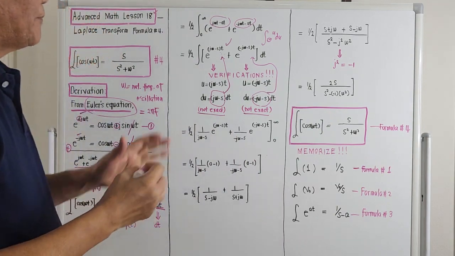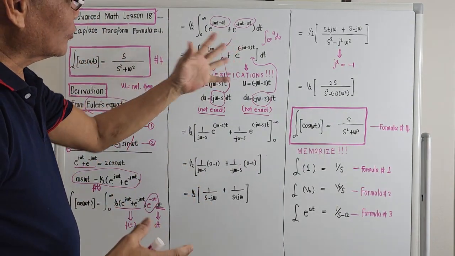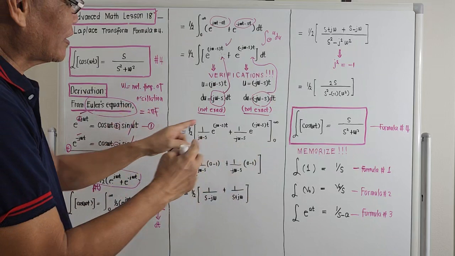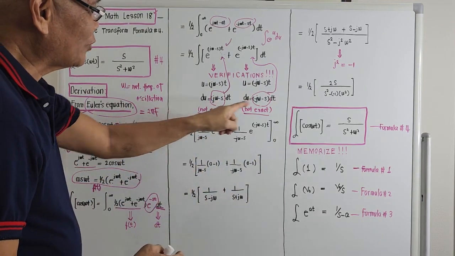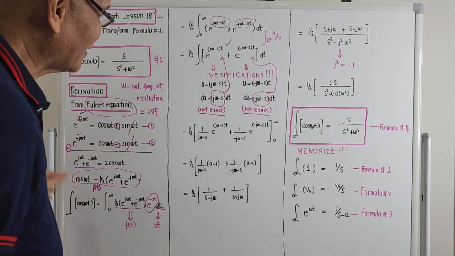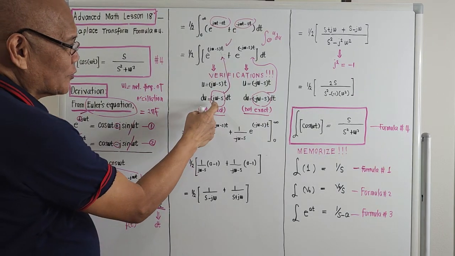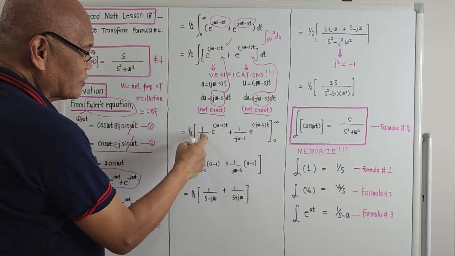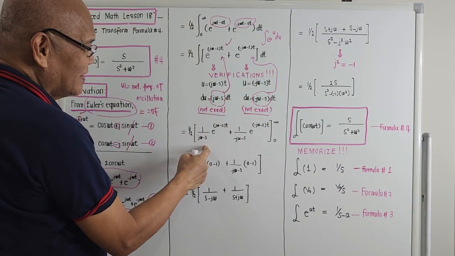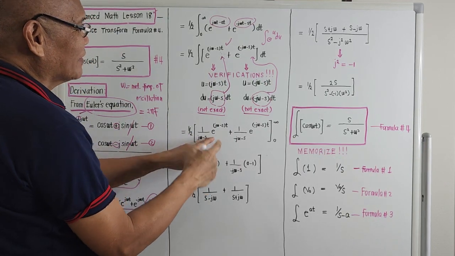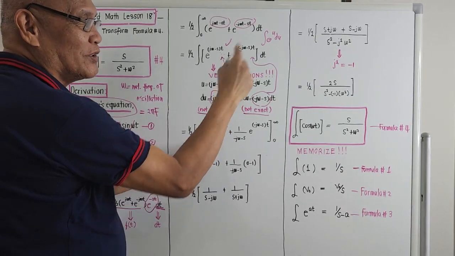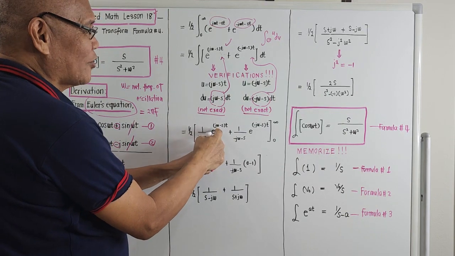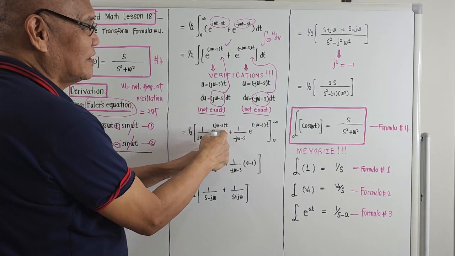Okay? And for both number 1 and number 2 to be exact, we take the reciprocal of this, and we take the reciprocal of this. For the first one, the reciprocal of j omega minus s is 1 over j omega minus s. And this now falls under exact e to the du, and it will be e raised to j omega minus s close quantity t.